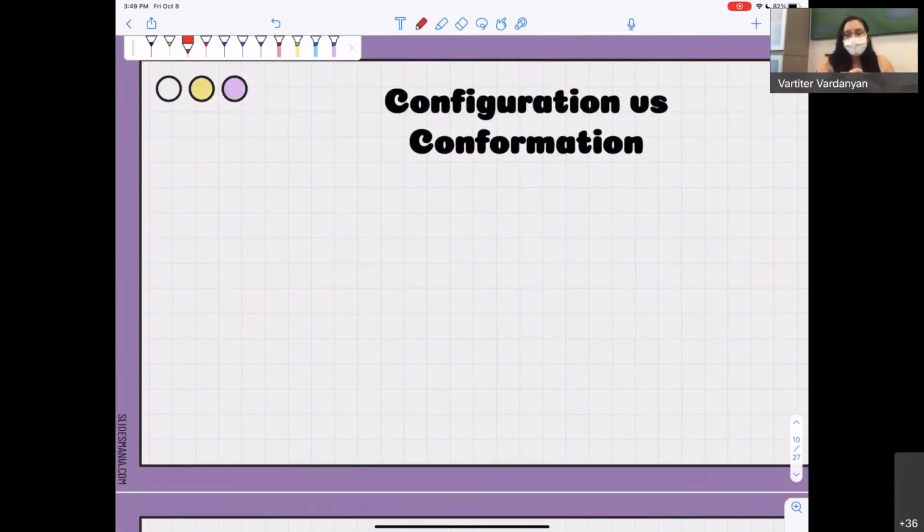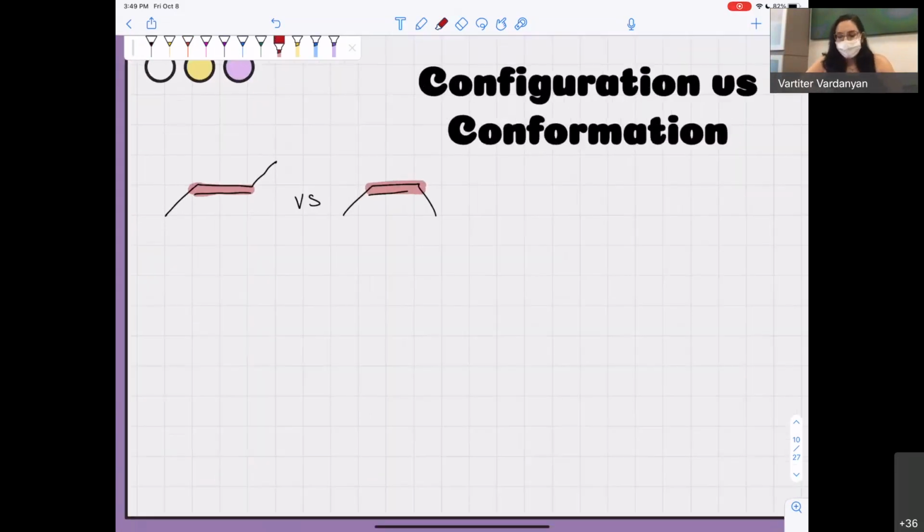Real quick though, we're going to talk about configuration versus conformation. So configuration is what we discussed in Orgo 1, where we look at E/Z or cis-trans configurations. And this is when we have a double bond in the middle, and we're really trying to figure out what the orientation of the double bond is.